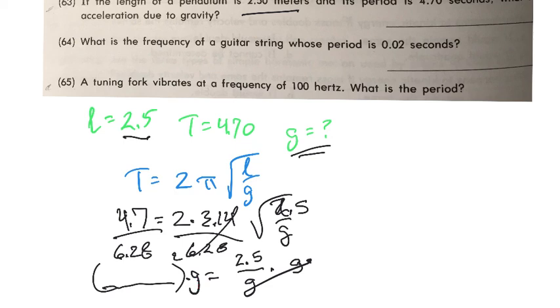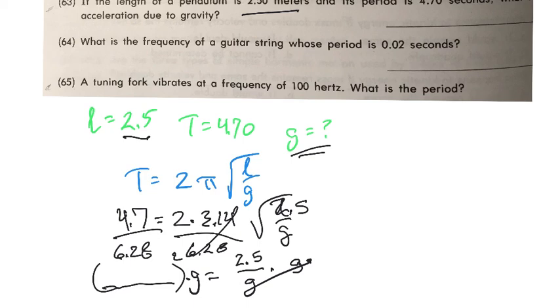Now to solve for G, you're going to take the 2.5 and divide by this number. So we're going to divide both sides of the equation by the same number, and you'll have G. And then the last step is just to convert into 3 significant figures, because it looks like I have 3 significant figures up here in both of these measurements.